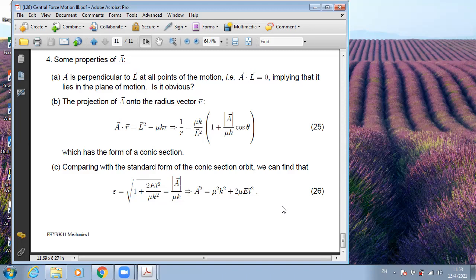I think I'll wait until next Tuesday to finish that. So any questions about the Runge-Lenz vector and also Kepler's three laws?